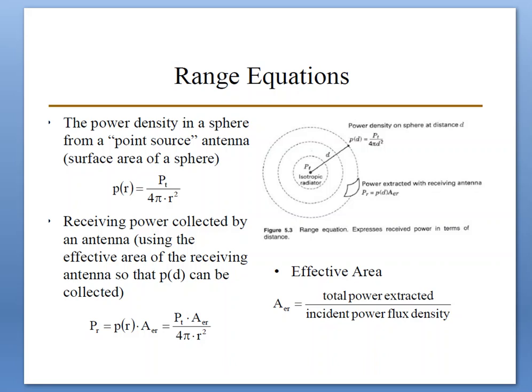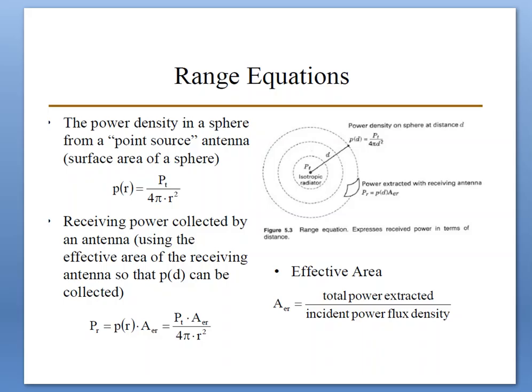The power extracted by the receiving antenna can be written as P received, which is the power density multiplied by the effective area of the antenna, that is PT into the effective area of the antenna, divided by 4 pi d square or 4 pi R square.